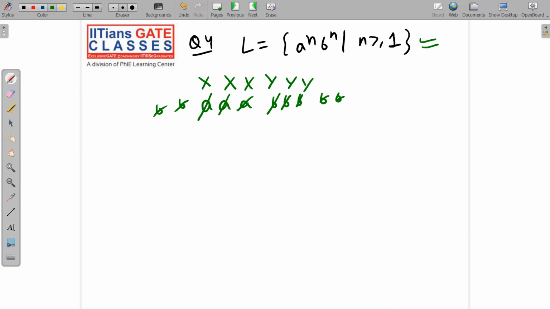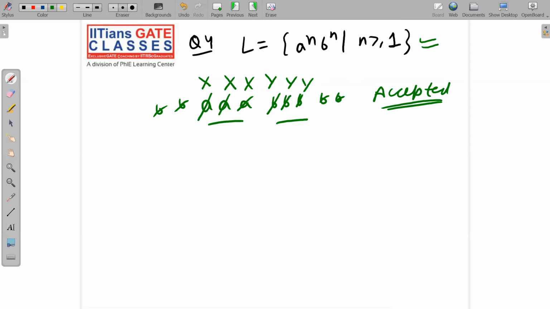In the end, nothing is left, neither A nor B, so the string will be accepted. I do not think you have a clear idea yet, but this is a small hint about how the Turing machine accepts a power n, b power n, n greater than or equal to 1.